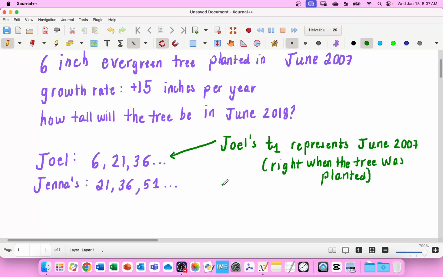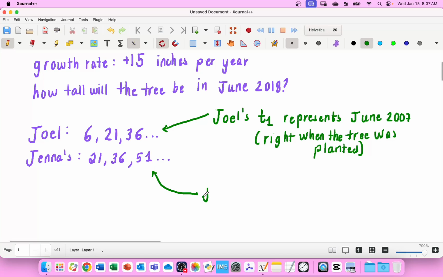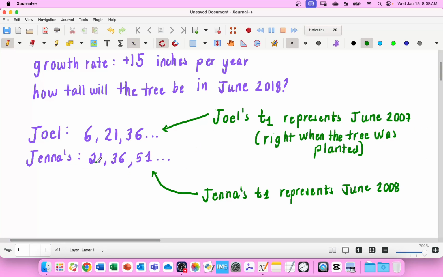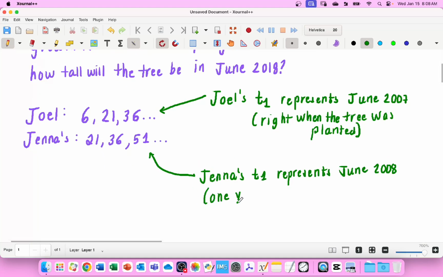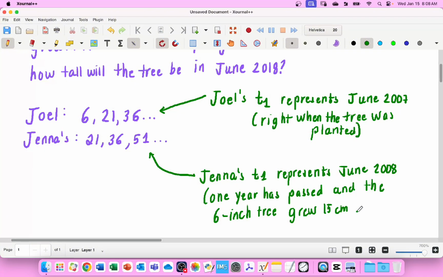but Jenna's T1 represents June 2008 because 1 year has passed, and the 6-inch tree grew 15 centimeters to 21 centimeters.